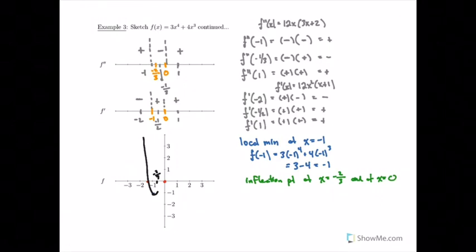Then we're going to shift to concave down for a little bit here, all the way to 0. And then we're going to shift back to concave up and increasing for the rest of this function.